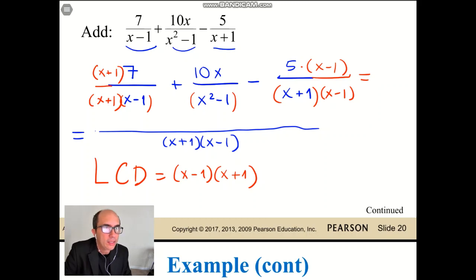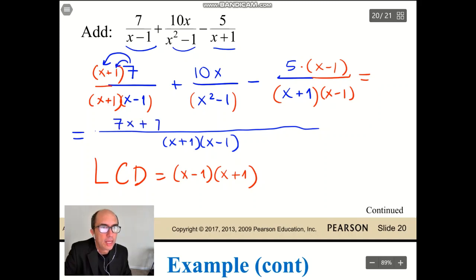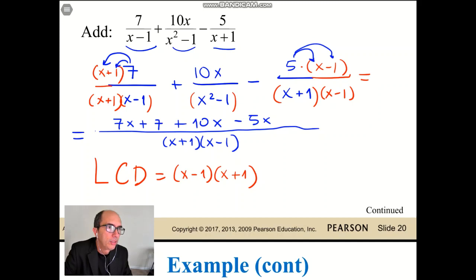And let's add and subtract the numerators now. Working out the distribution, then we have 7x plus 7 plus 10x minus, and working out the distribution here as well, 5x, negative 5 minus 1 plus 5.